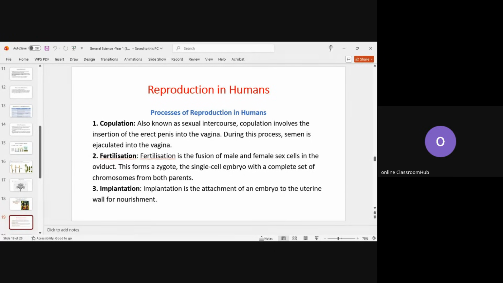Copulation involves the insertion of the erect penis into the vagina. And during this process, semen is ejaculated into the vagina. So copulation is the first step or process in human reproduction. Any question?